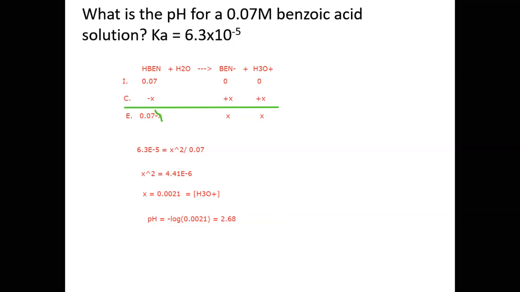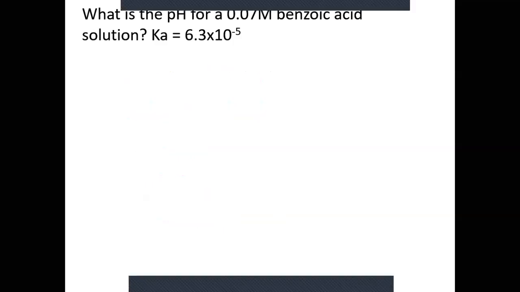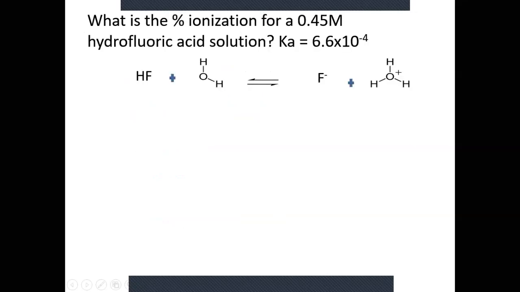Again, for monoprotic weak acids, any kind of weak acid, if the Ka is a lot smaller than the concentration, you can be doing this exact same process every time. Now, another thing we can calculate for weak acids is the percent ionization. This is kind of like that 5% rule we've been checking.